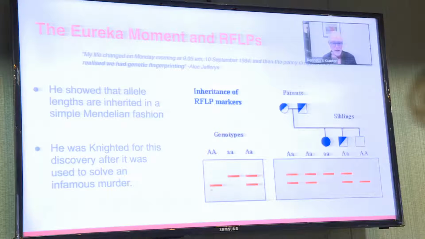These are VNTRs, that is the same sequence location in the genome, but this one has more repeats than this one. And this individual is basically the offspring of these two and has inherited one copy from the mother and one copy from the father. And so they look heterozygous.